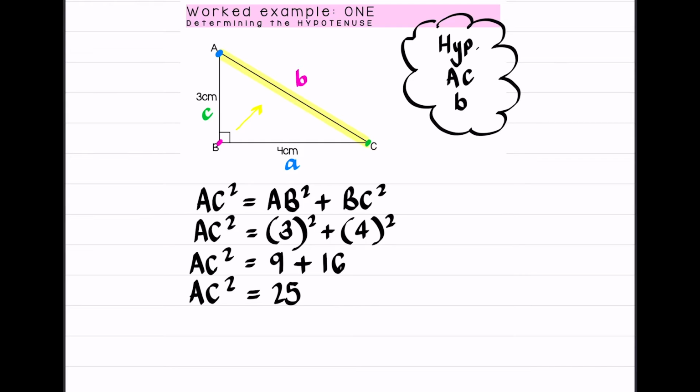So remember, when you're trying to isolate a variable, you're going to perform the opposite operation. So AC is currently being squared, so the opposite of square is square root. So now what we're going to do is we're going to square root both sides of this equation. The square root of AC squared is equal to AC, which is equal to the square root of 25, which is 5, and you just carry down your units, so 5 centimeters.